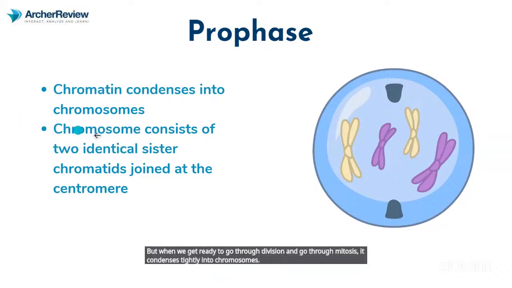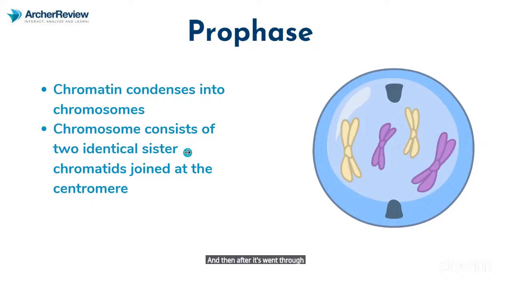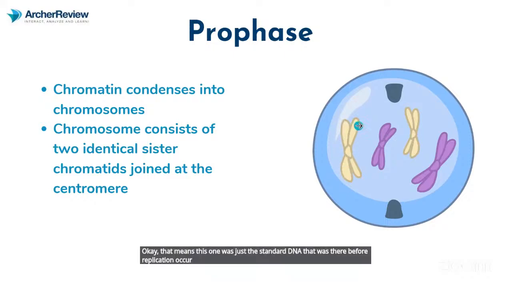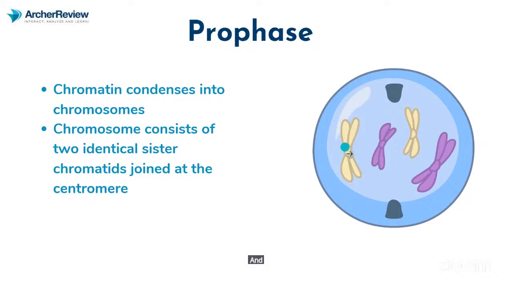And then after replication, it consists of 2 identical sister chromatids. This one was just the standard DNA that was there before replication occurred, but then when replication occurred, it got this sister that's identical. And they are joined at the center part, referred to as the centromere. So all of this happens in prophase.